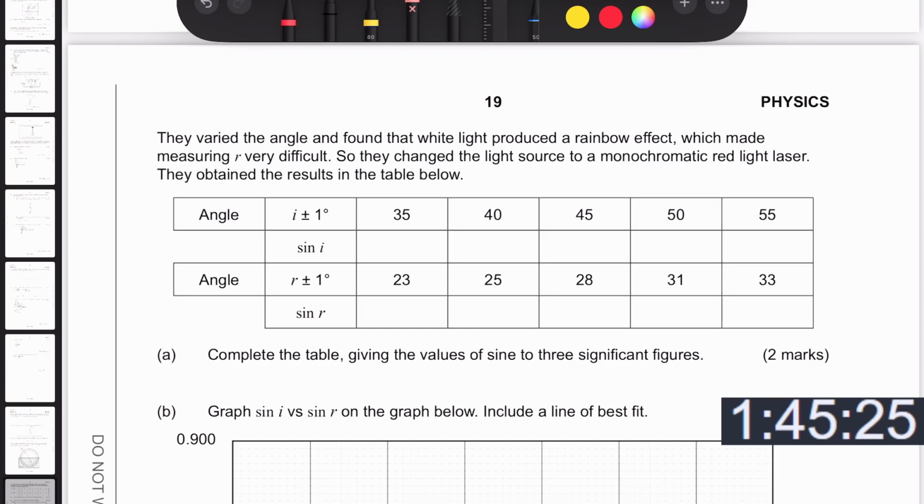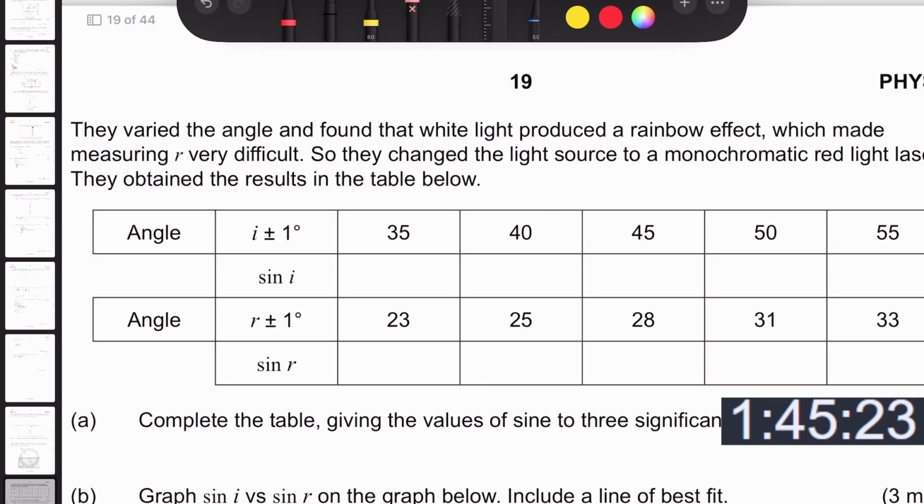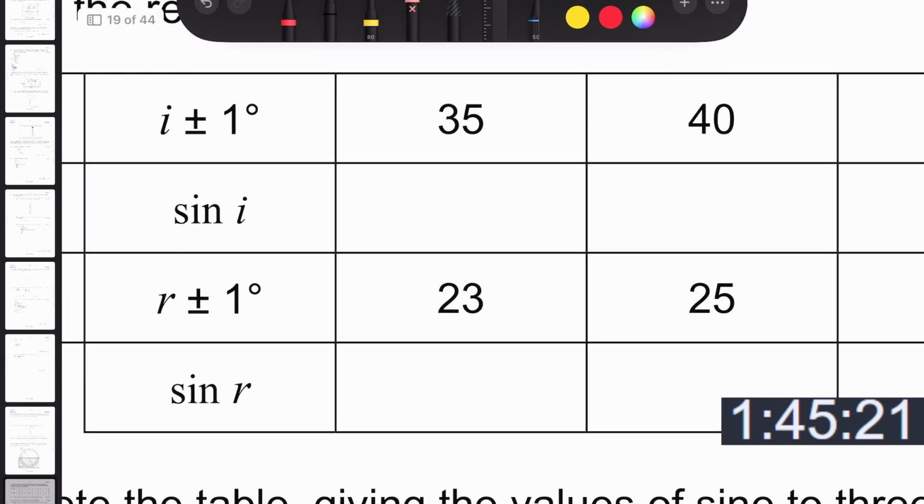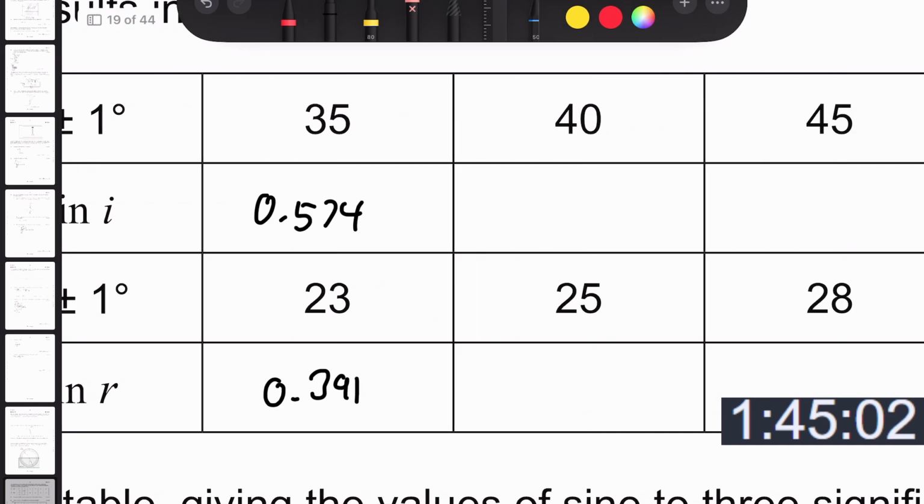Okay, so turn the sine to 3 sigfigs. So 0.574 and 0.574. Sine of 23 is 0.971. Sine of 40, 0.643. Sine of 25 is 0.423.